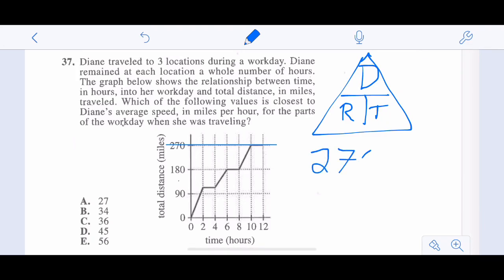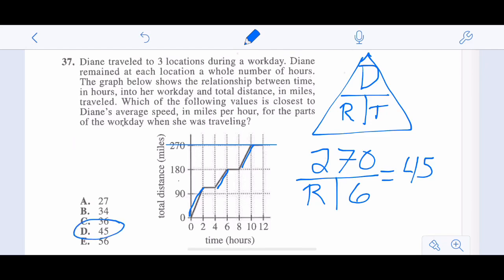So 270 is our distance. And we're given time, we want to know rate. So what's the total time she traveled? So 2 hours, 4 hours, 6 hours. So 270 divided by 6 should give us our rate, and that is 45. So our rate is 45, or D.